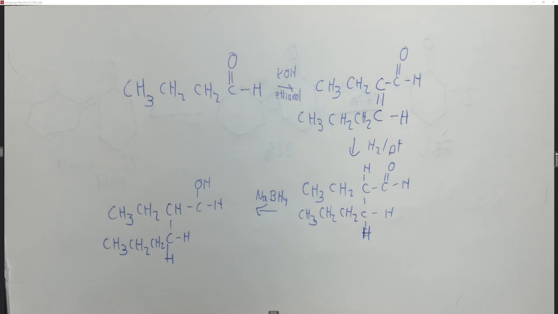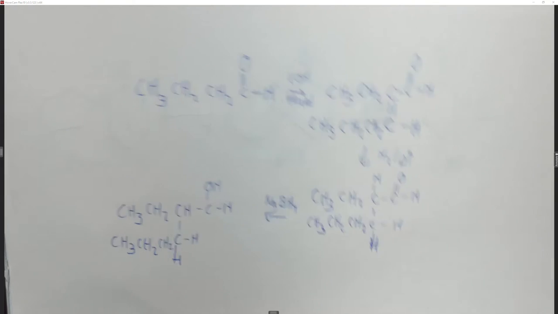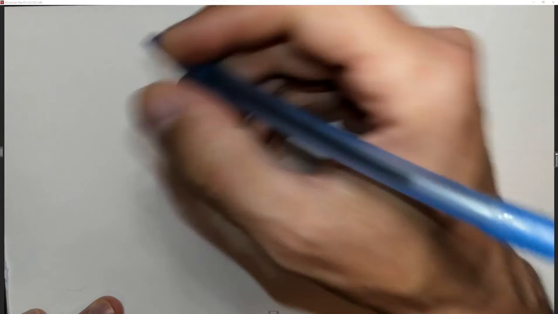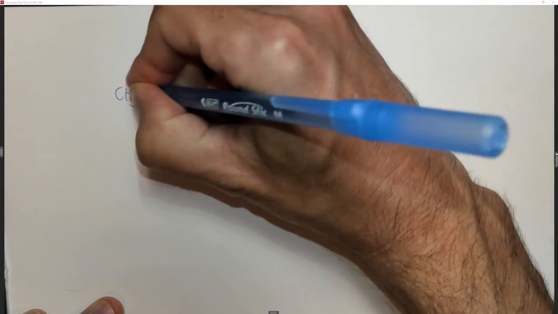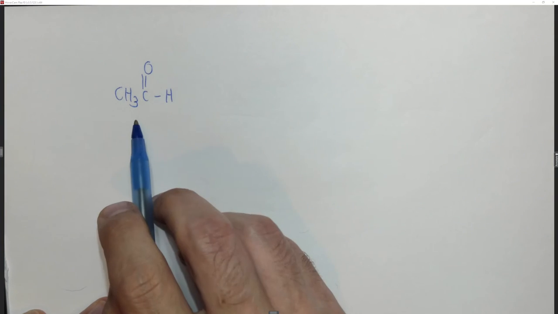In the next one, let's look at a mixed aldol reaction followed by a dehydration. So in this case, let's say we start with 2 relatively simple aldehydes. So we have 2 simple aldehydes. They're not even ketones. So we have CH3, C double bond O, bond H, acetaldehyde.